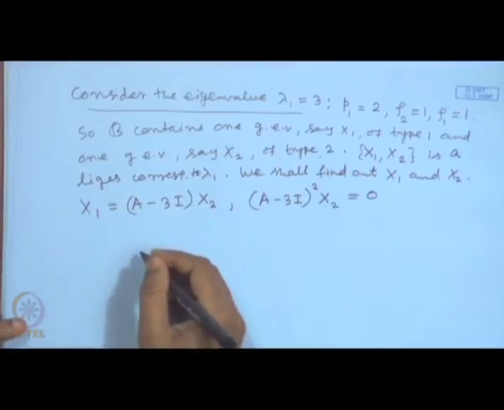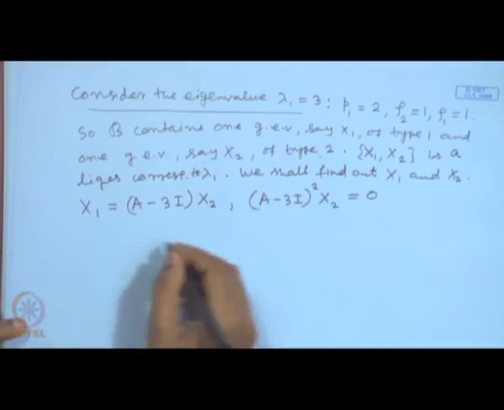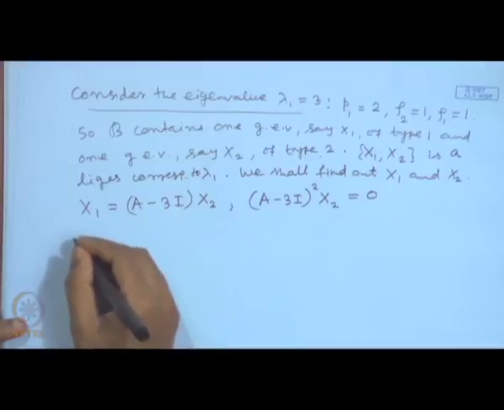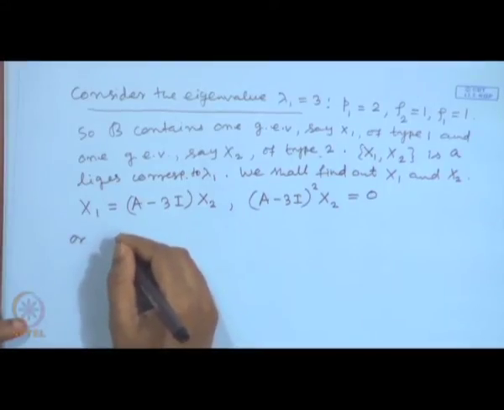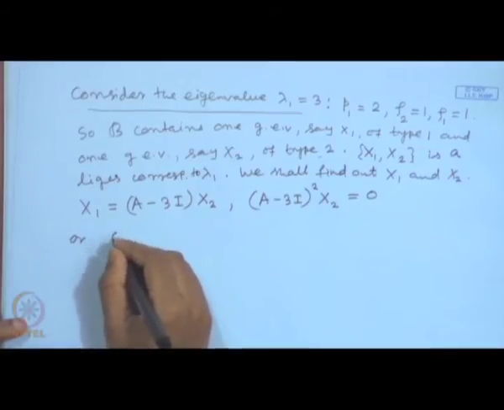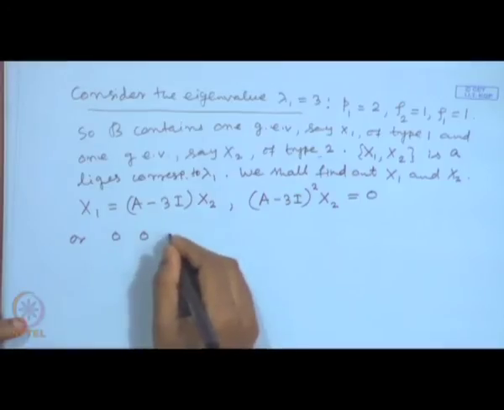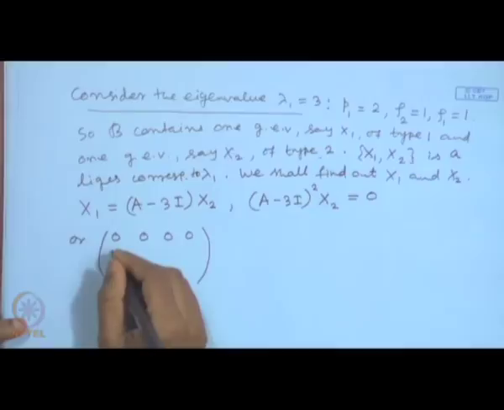Then for finding x 2, we get (A minus 3 I) whole square, which one can compute to be like this matrix.